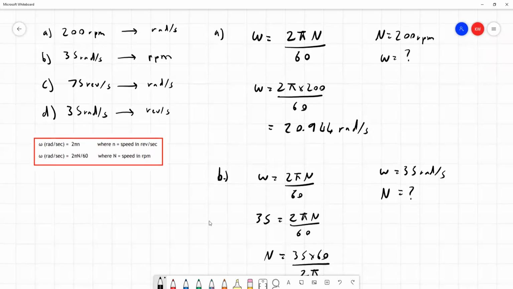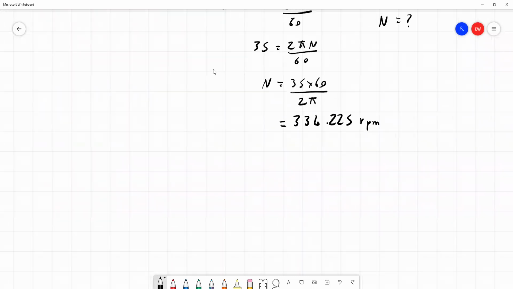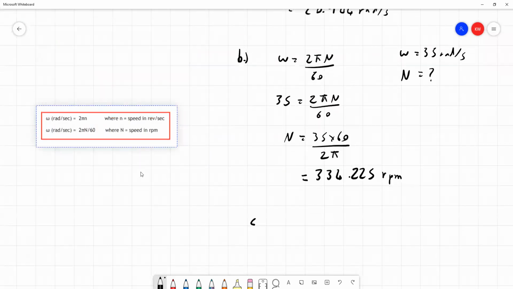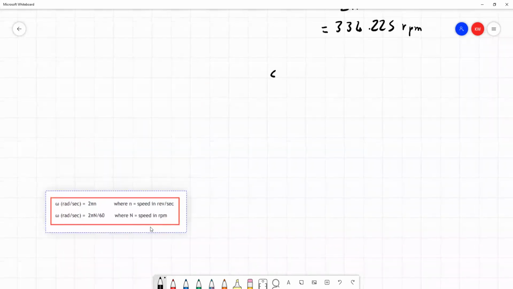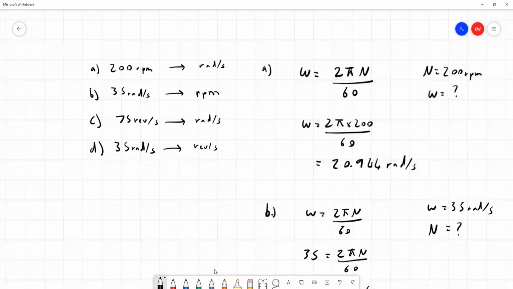We're asked to convert 75 revs per second into rads per second. In part C, we're using a different formula, and I'll just bring down our questions and our formula sheet. Bring down questions C and D here.